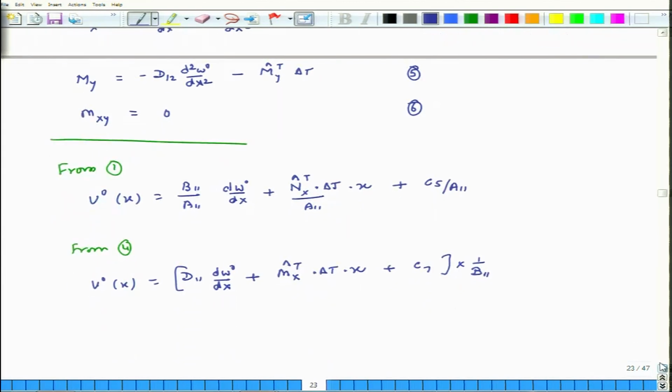Okay. So, this is equation 7 and this is equation 8.